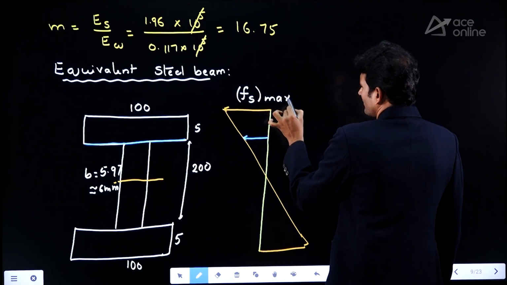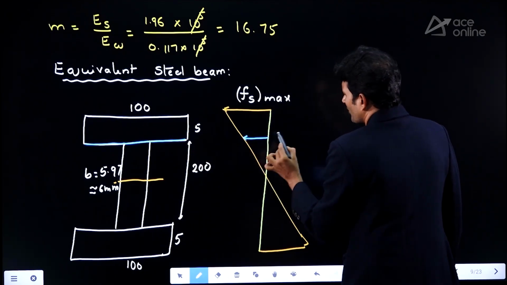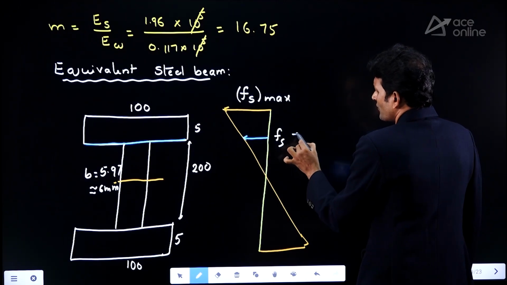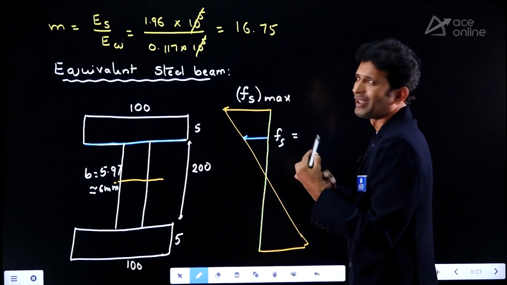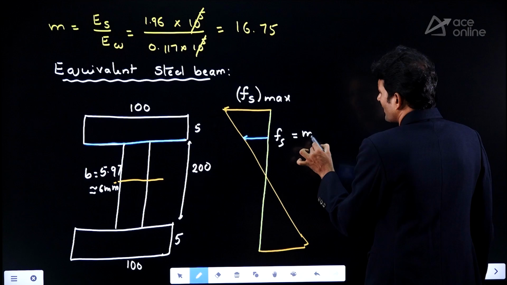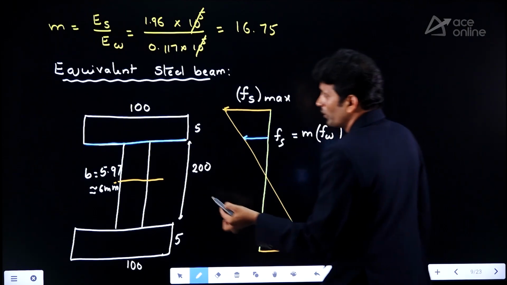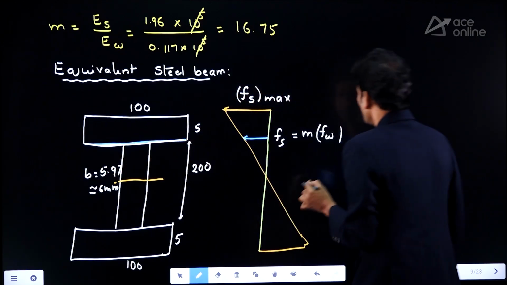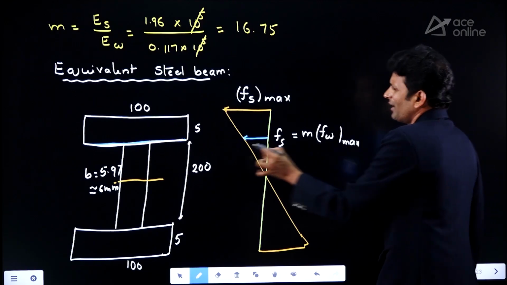When I speak of the stress related to the steel, it is Fs. As we know, the stress ratio at the junction of steel and wood is equal to the modular ratio. So Fs equals M times Fw, but for the wooden part, this is the extreme layer, so the maximum bending stress is available at this layer.